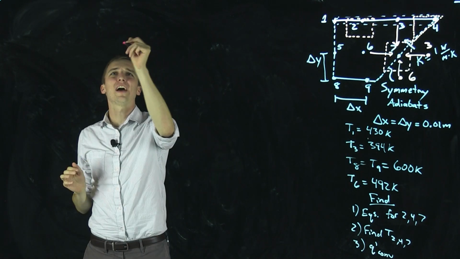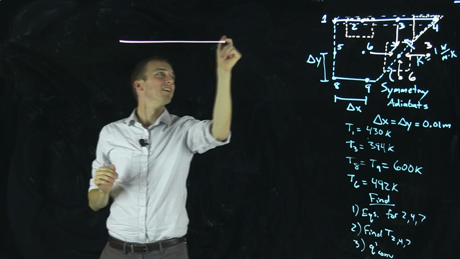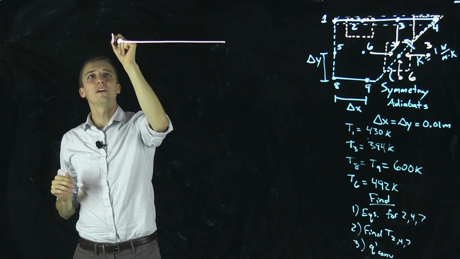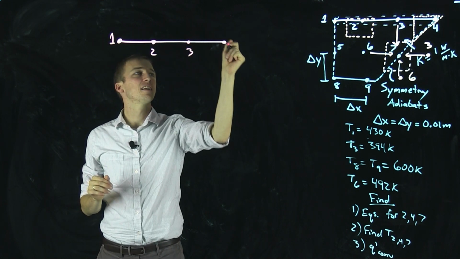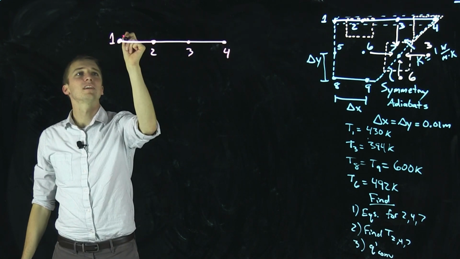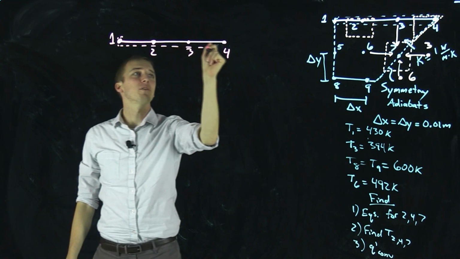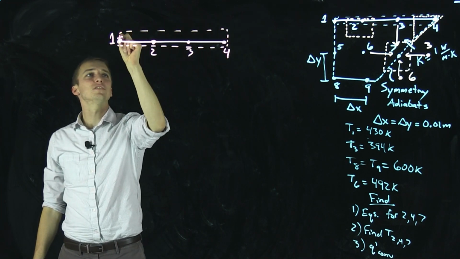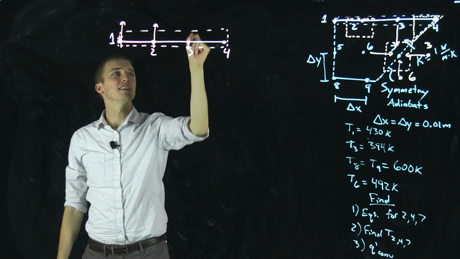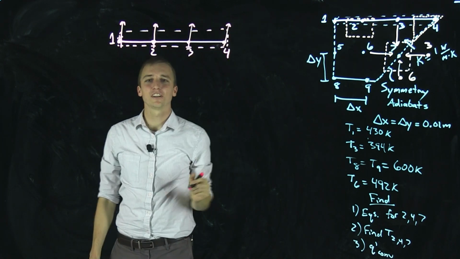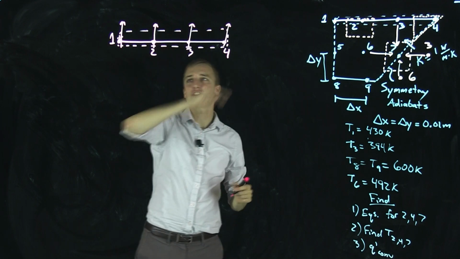So to do that, we're just going to redraw the topmost surface with our nodes 1, 2, 3, and 4. And then we're just going to draw a control volume like this. And we are going to try and find the total amount of convection, in other words, the added contribution of each node.